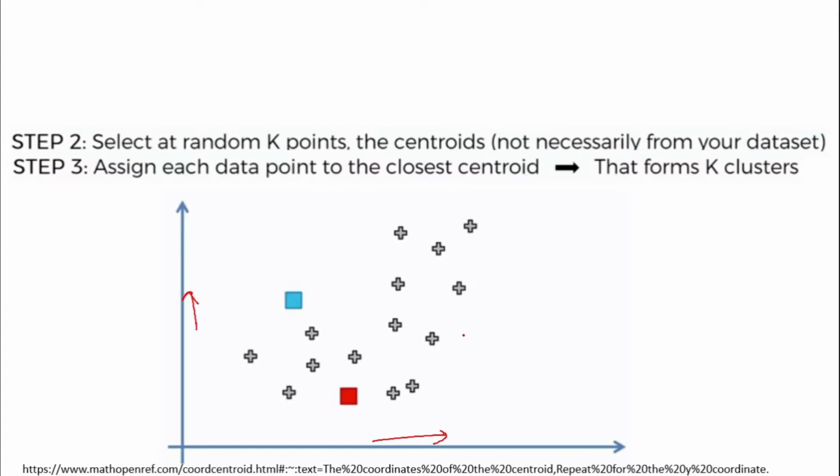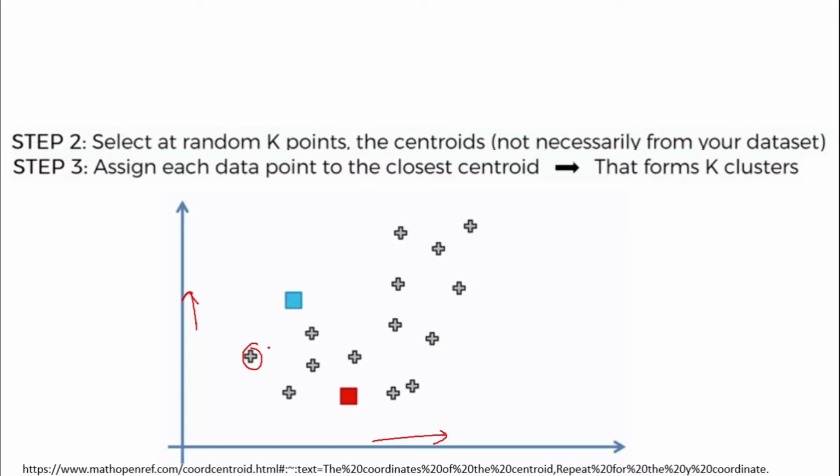the next step is assigning the data points to the closest centroid. That means whether this data point belongs to this centroid or this centroid. To decide that, I need to find out the distance between this centroid and this data point, and this data point and the other centroid.